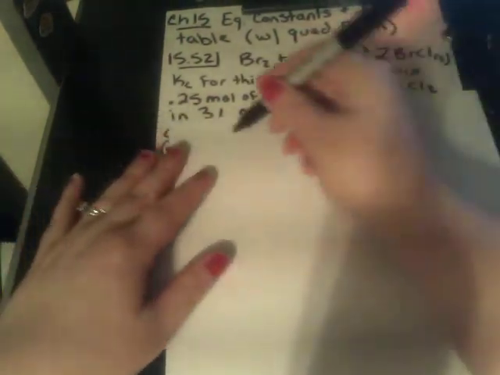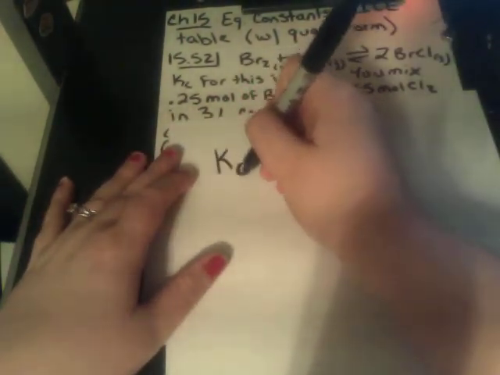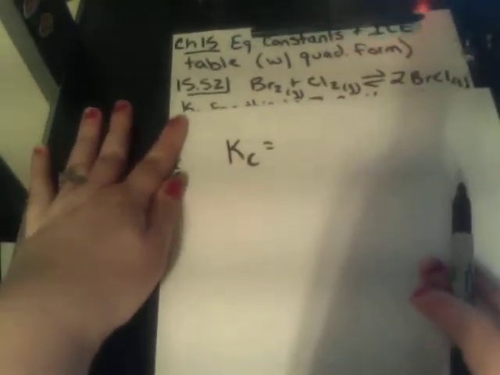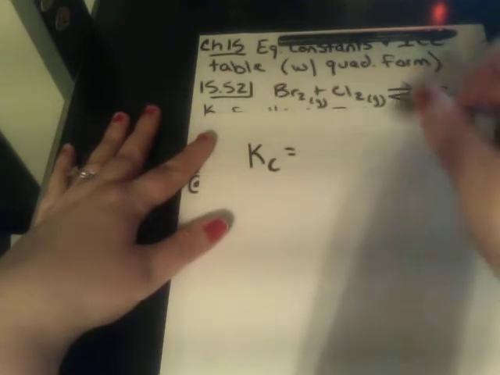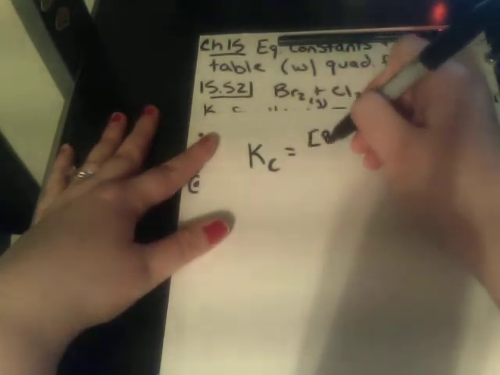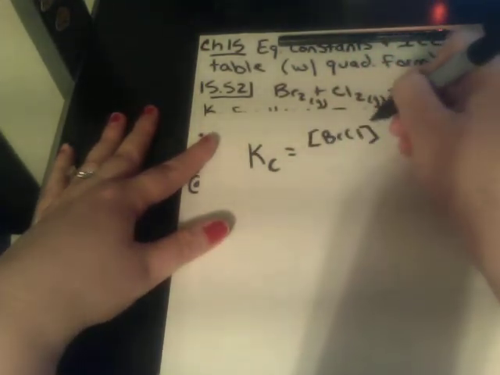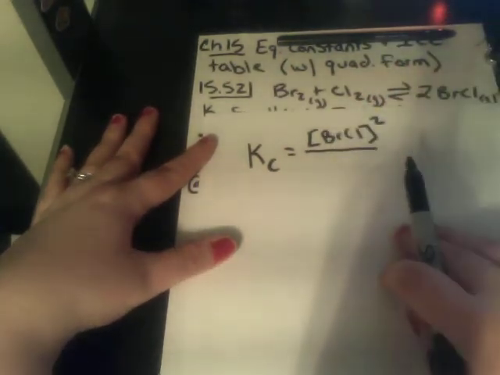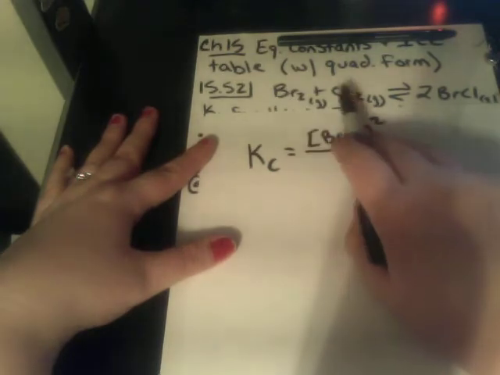So K sub C is going to equal, and since it's 2 BrCls, it's going to be the concentration of BrCl squared divided by the concentration of Br2 times Cl2.